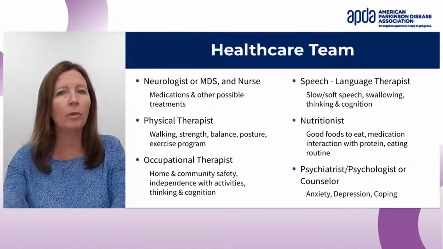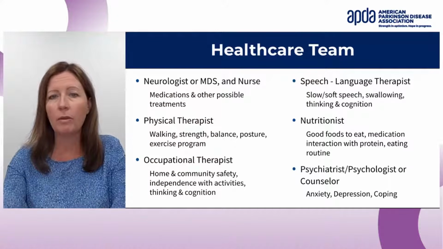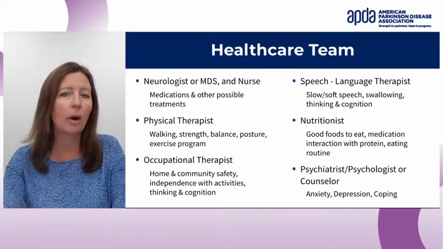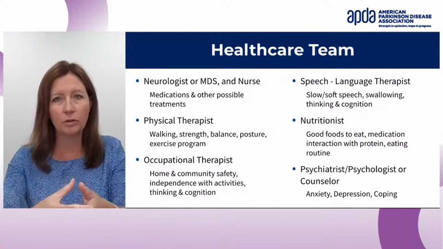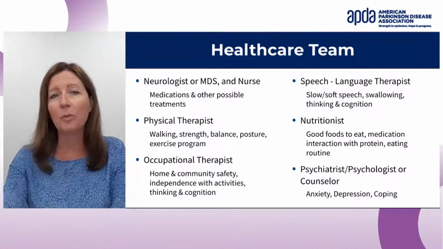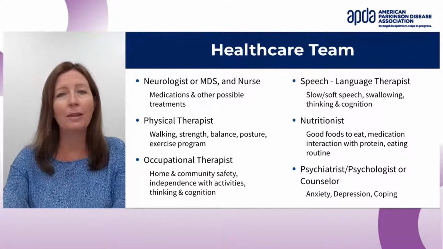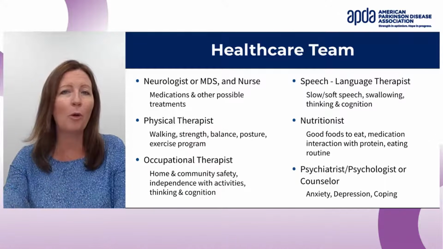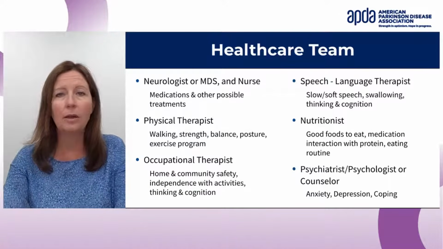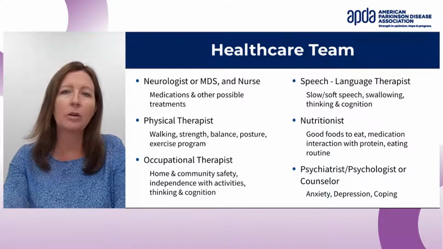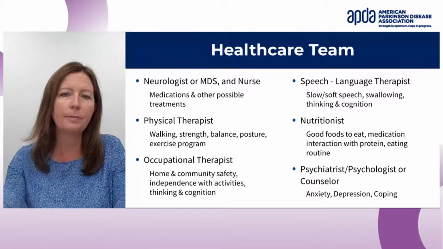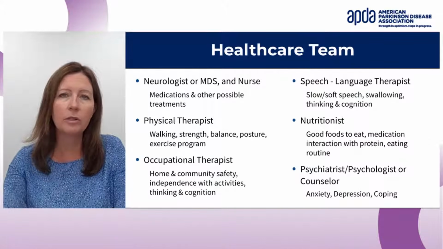They're going to help with walking, strength, balance, posture, and really creating an individualized exercise program that's just made for you. Then next is the occupational therapist. We mainly, overview, help with home and community safety, being independent with those meaningful activities I talked about, and also thinking and cognition.